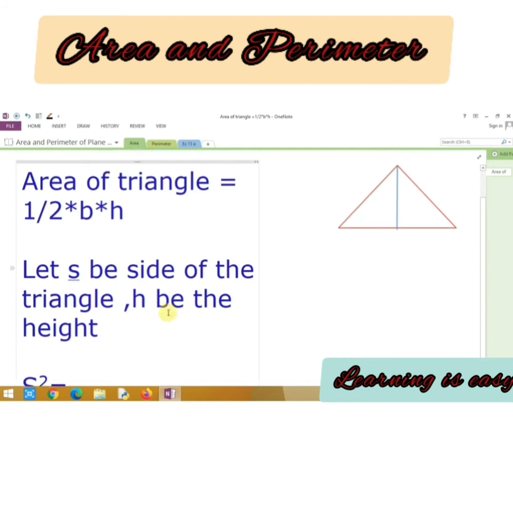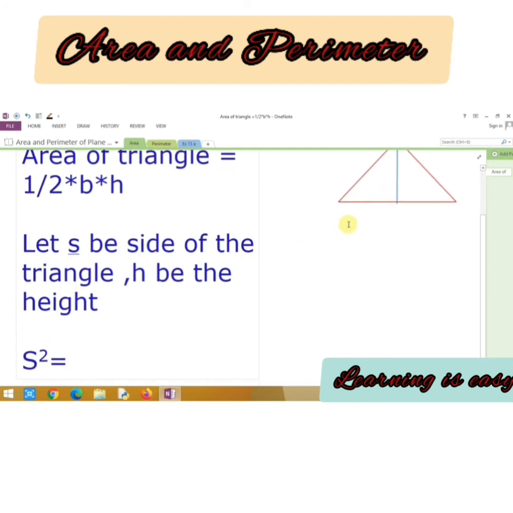So it's s square, that's the hypotenuse, equal to h square plus base square, where the base is s by 2, so s by 2 whole square.